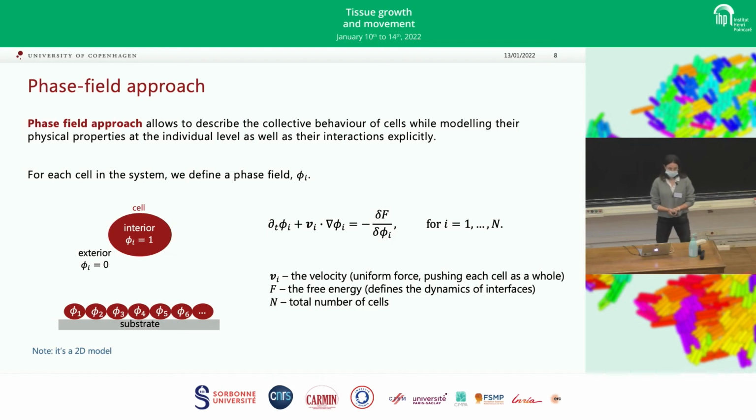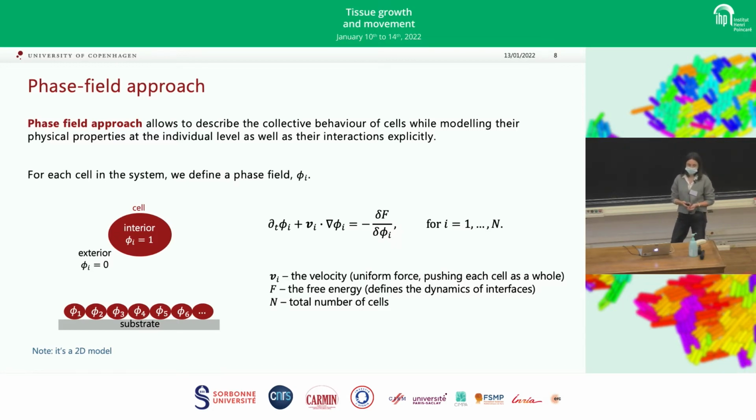So we have developed a phasefield model where we have a cell and we define for each cell a phasefield phi_i, and it can take two values which denote the interior of the cell if phi is 1, and the exterior of the cell if phi is 0.